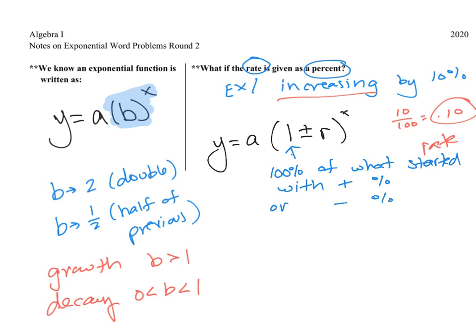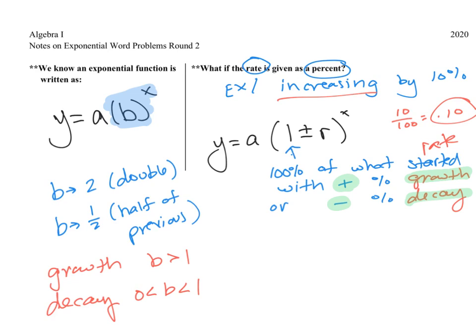If I have growth, then I'm going to use plus, or decay, then I'm going to use minus, okay? So again, if I have plus a percentage, I have growth, minus a percentage means that there's a decay situation.